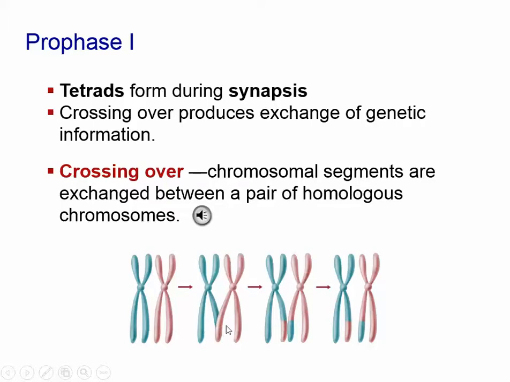As we go through, these two in the middle, these two chromatids, one from the mom, one from the dad, they actually twist upon each other and exchange chromosomal segments. If you look at this, you see a little blue on the pink chromosome now and a little pink on the blue chromosome. Crossing over is one place where genetic diversity occurs.